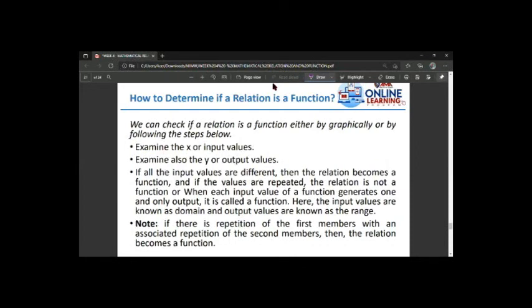Okay, you examine the x values and the y values. Bakit kasali yung y values, sir? We'll discuss it later. No? So we can also check or determine a function or a relation. We can check if a relation is a function graphically based on graphs.